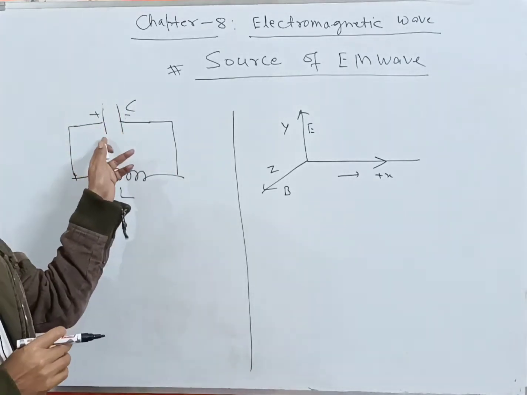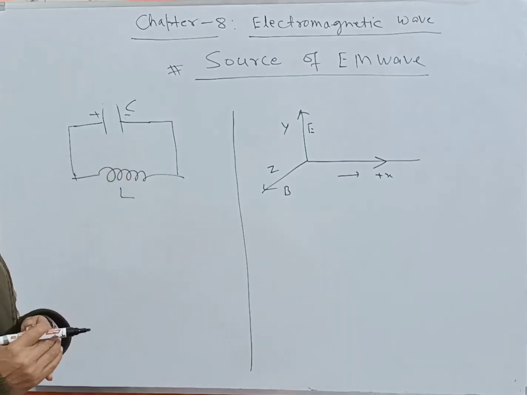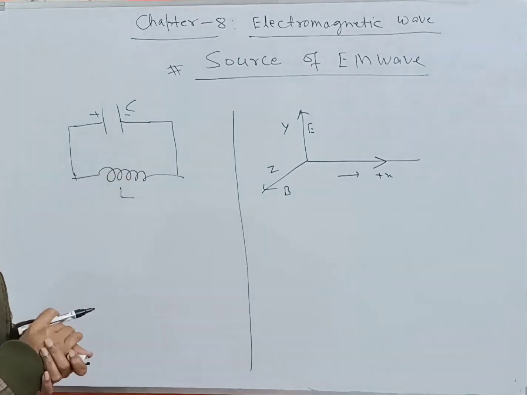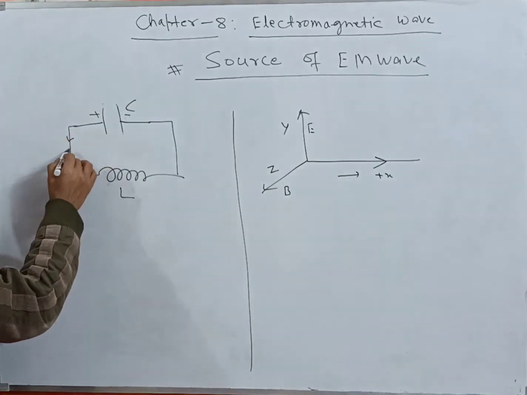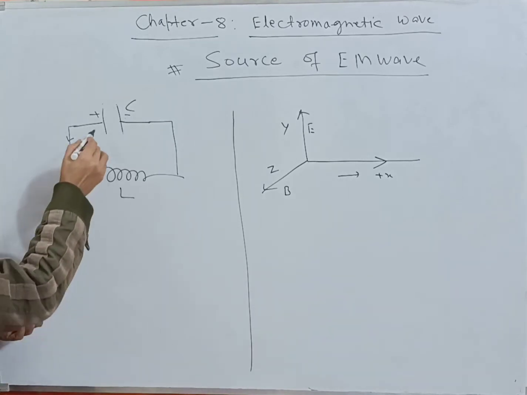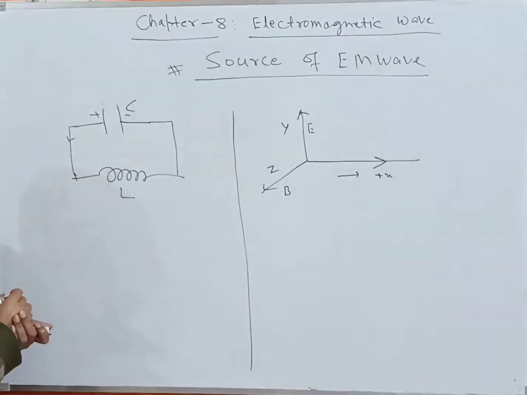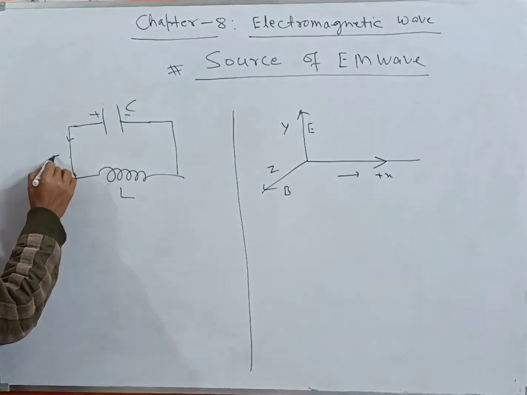The fully charged capacitor gets discharged slowly and slowly. That means the flow of charge takes place, means current grows, and after some time current becomes maximum.